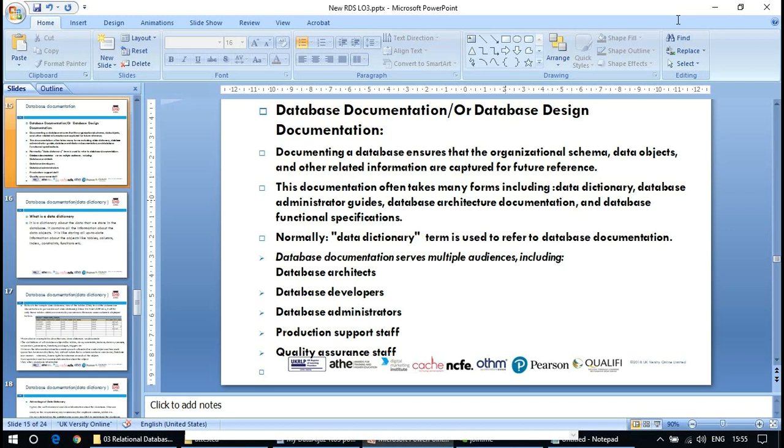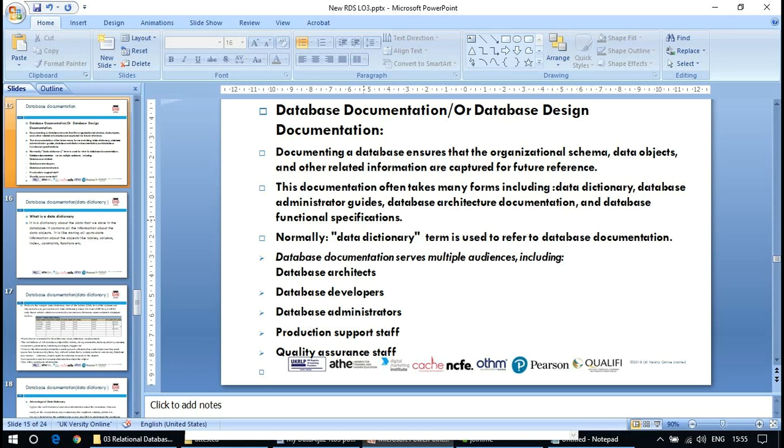This documentation often takes many forms, including data dictionary, database administrator guide, database architecture documentation, and database functional specification. So what does the database documentation include? Most of the time the data dictionary, the guide for the administrators, the architectural documentation, and the functional specification.